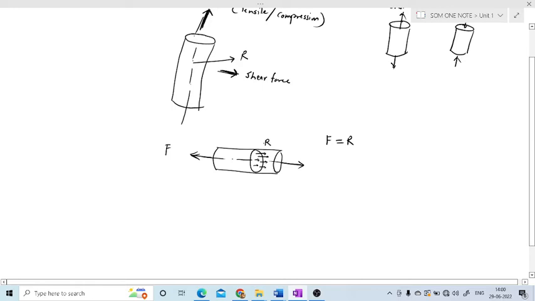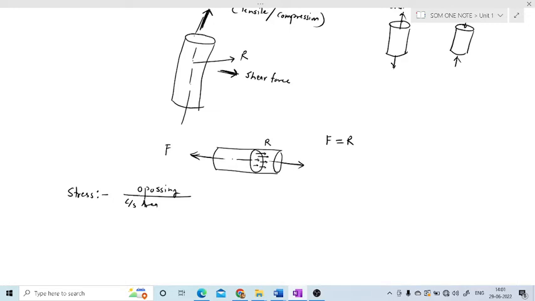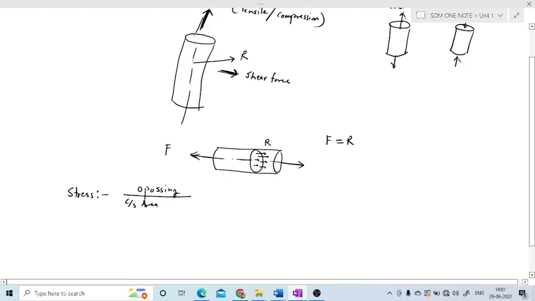Now we'll see the concept of stress. Stress is nothing but the ratio of the opposing force divided by the area. Actually, it is the cross-sectional area where this opposing force will be generated. So stress is the ratio of force applied to the cross-sectional area.